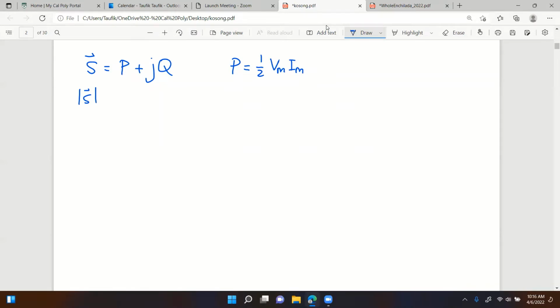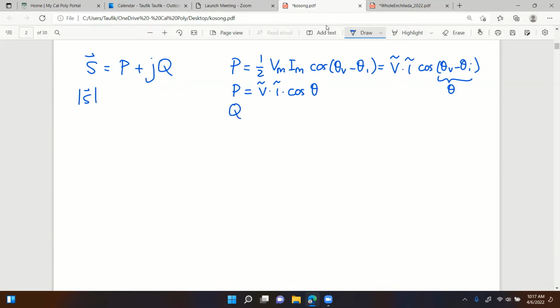Someone in chat said cosine of theta v minus theta I. That's correct, yes. And if I want to use RMS, then it's V RMS times I RMS cosine of theta v minus theta I. I'm just going to replace theta v minus theta I with theta to make it shorter. So P is equal to V RMS I RMS cosine of theta.